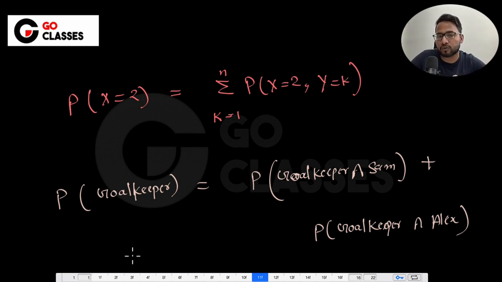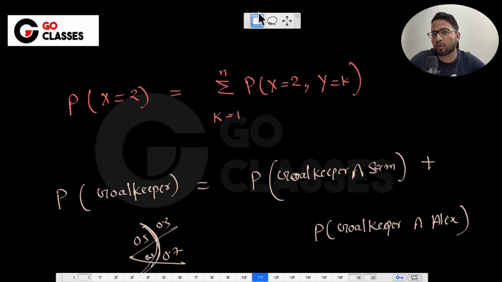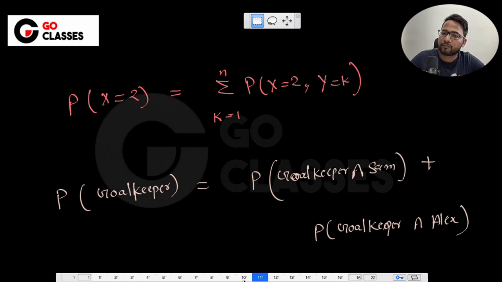In the tree diagram also, this is always mutually exhaustive, because the summation of the outgoing edges of any node will be just 1. If this is 0.5, this will be 0.5. If this is 0.3, this will be 0.7. So this summation is always 1, which means the events that go out from any node are always mutually exhaustive. Okay, I hope you understood this.